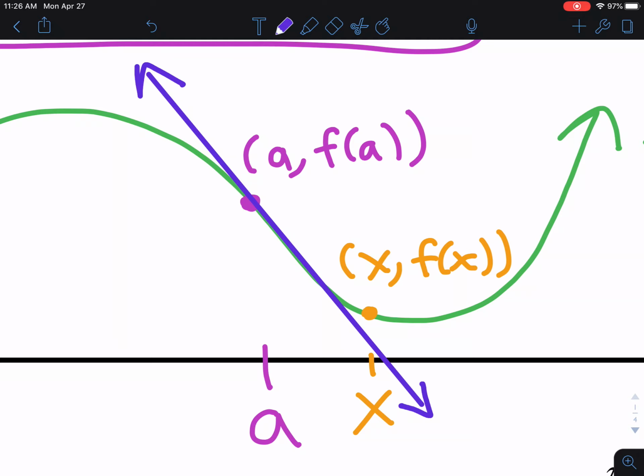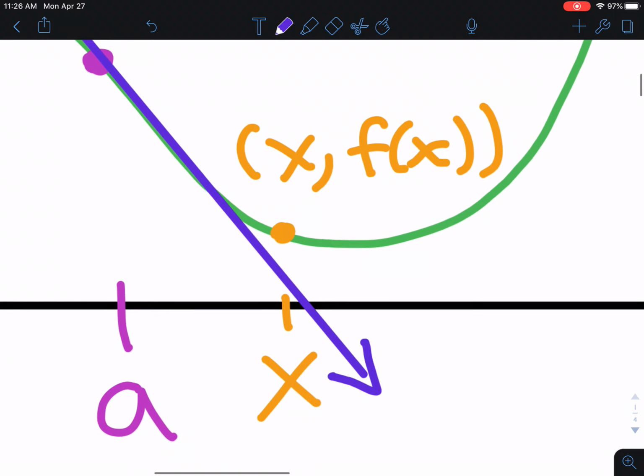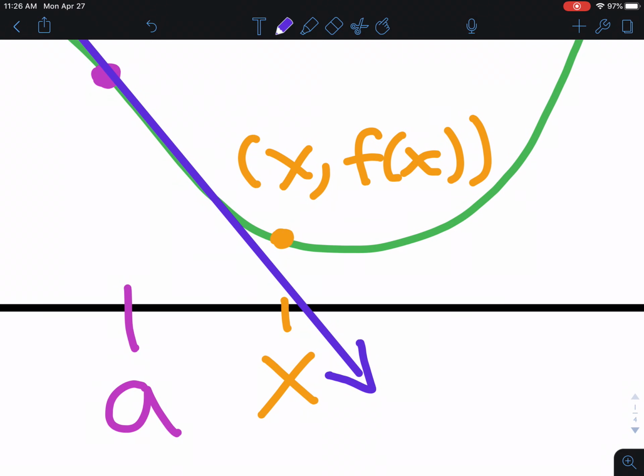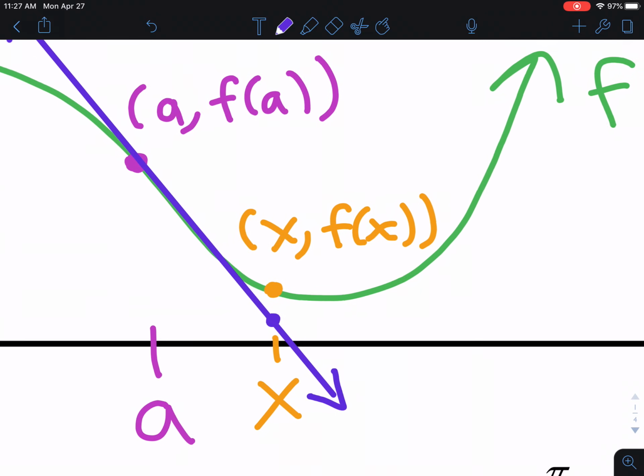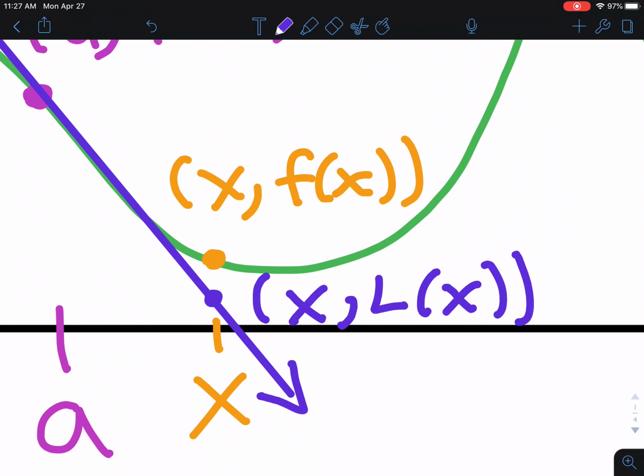Now, what we're going to do is use the tangent line to approximate other values of f of x. If I have some other point on my function, my orange point here, instead of plugging that x value into the function, I can plug that x value into the tangent line I made at x equals a, evaluate it on that line, and get an approximation for the value of the function.